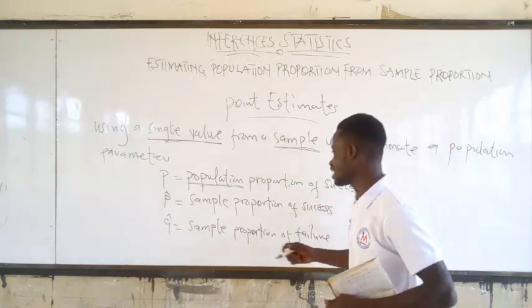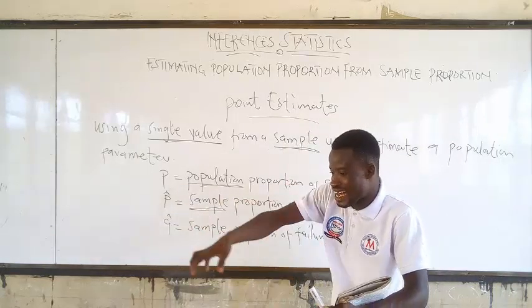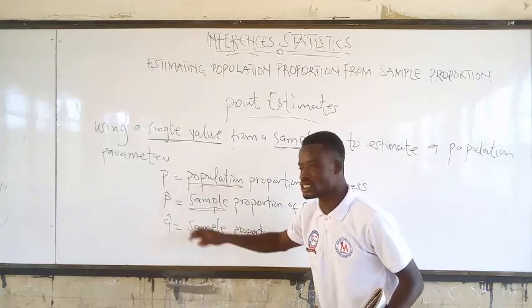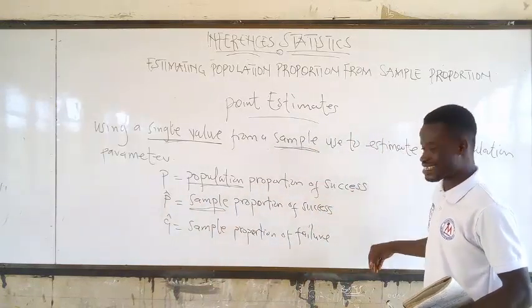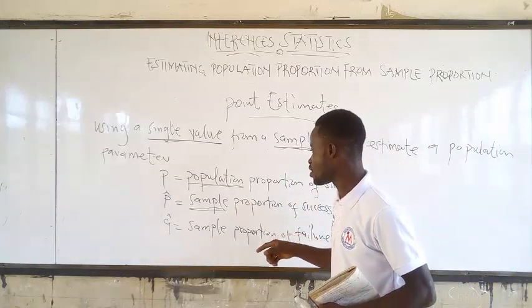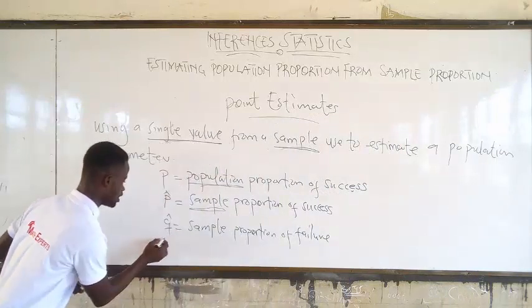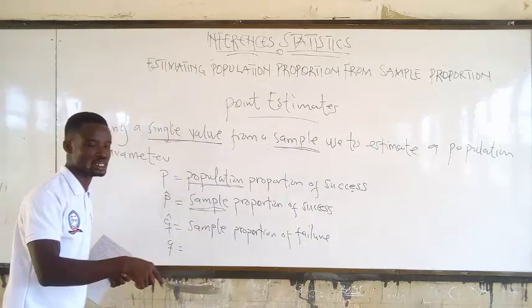So this P represents the population proportion of success. Then the P hat will be the sample under the population. That's why I'm using the P hat. So that will be the sample proportion of success. So what do you think Q will be?